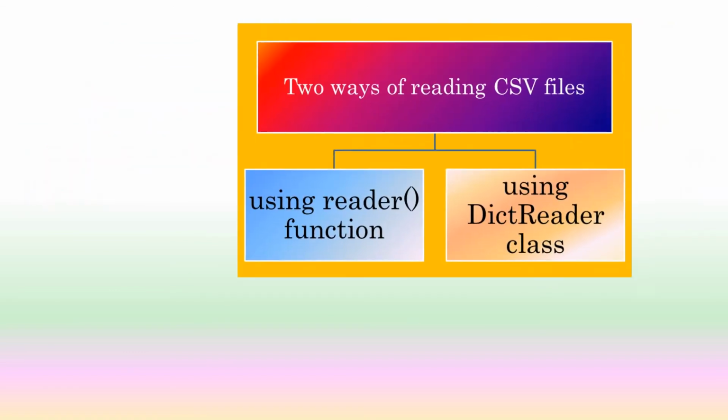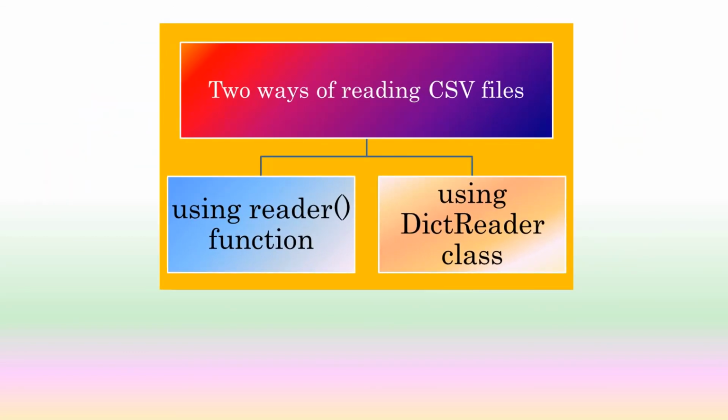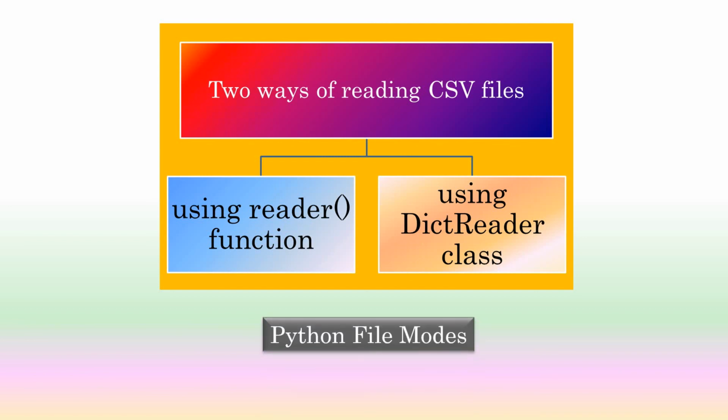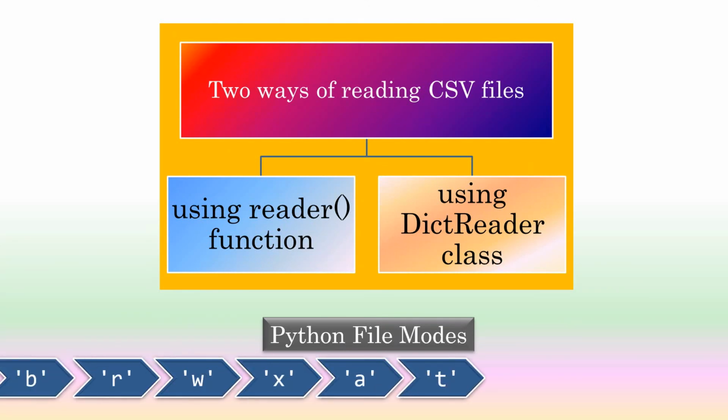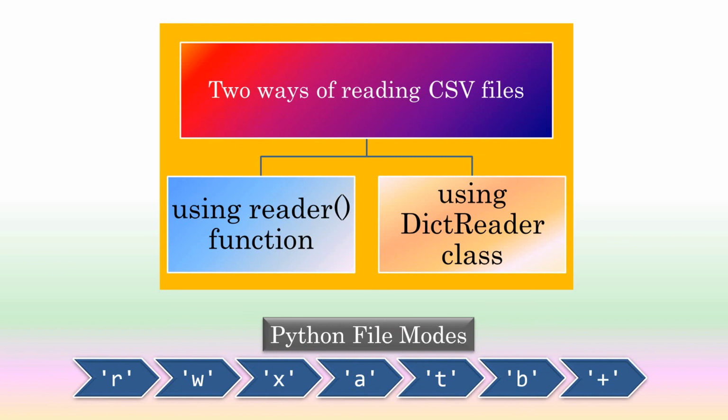There are 2 ways of reading CSV files. One is using the reader function, another is using the DictReader class. Following are the file modes in Python: r, w, x, a, t, b, plus.